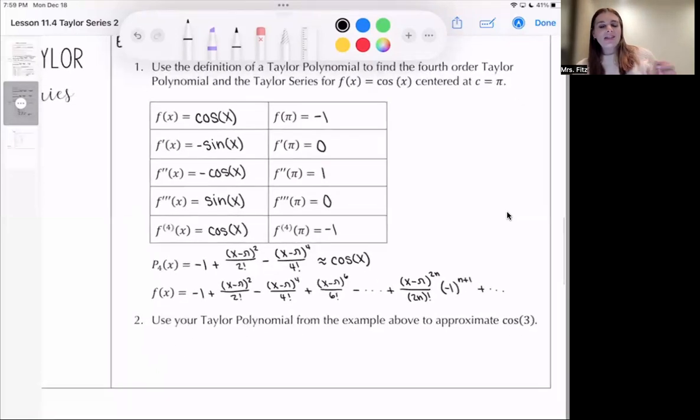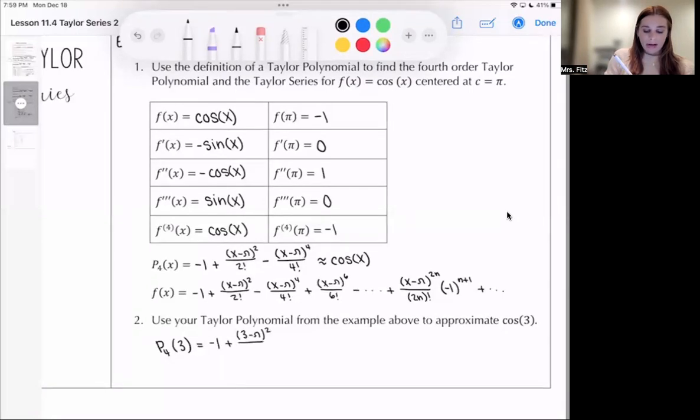And so now it says use your Taylor polynomial from the example above to approximate cosine of 3. So we have p sub 4 of 3. We're just plugging in 3 for x, which would be -1 plus (3 minus pi) squared over 2 factorial minus (3 minus pi) to the 4th over 4 factorial.